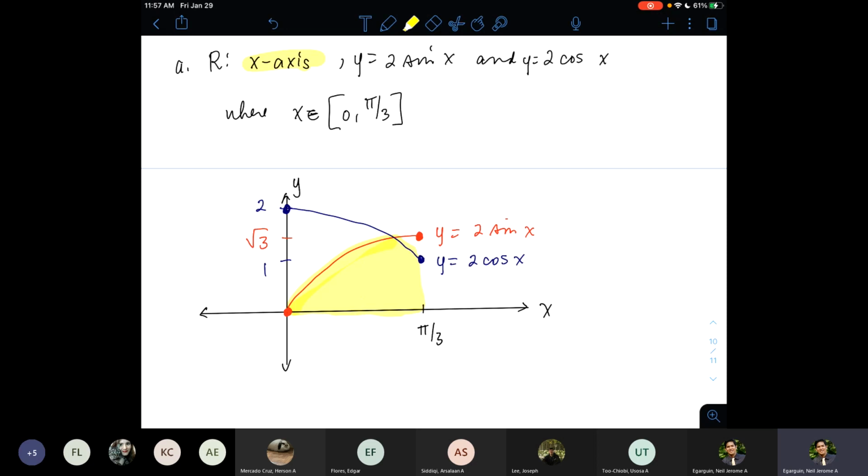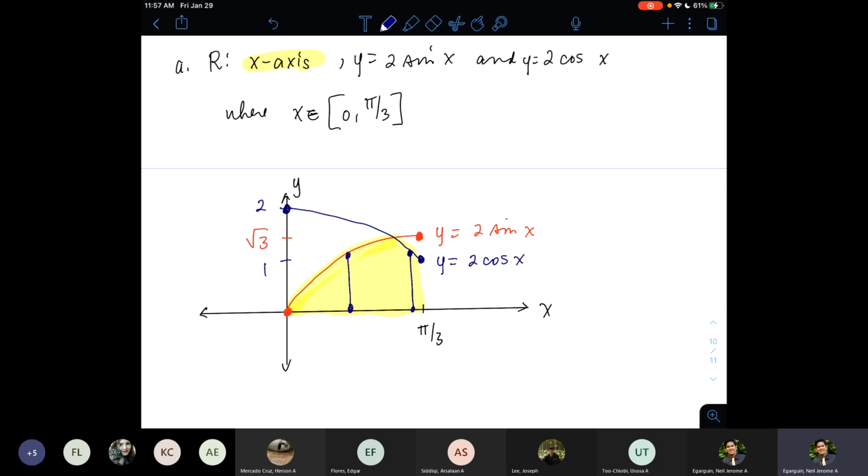There is no common region that is being bounded by all three of them at the same time, because this portion of the region is only bounded by the x-axis and the sine function. This part of the region is only bounded by the x-axis and the cosine function. So that's why this shaded region is a little bit vague to me.